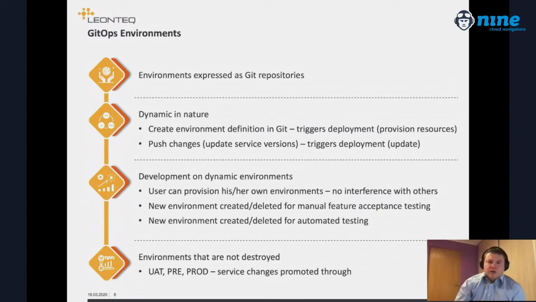So we have a Git repository which describes how the environment should look like. And then when some changes are pushed, it actually triggers a Terraform-based deployment which provisions those resources.